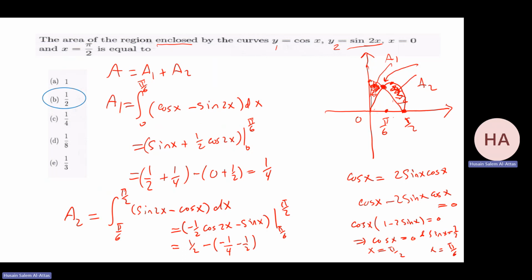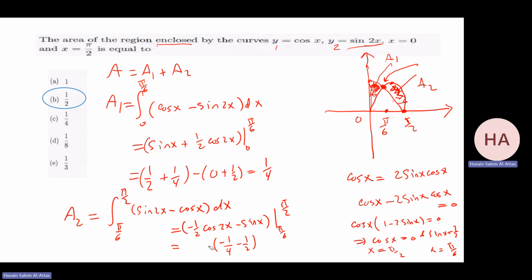How to integrate this? Minus half cosine 2x minus sine x. There's something wrong with the calculation, it seems. Pi over 2, sine pi over 2, yeah, here is 1.